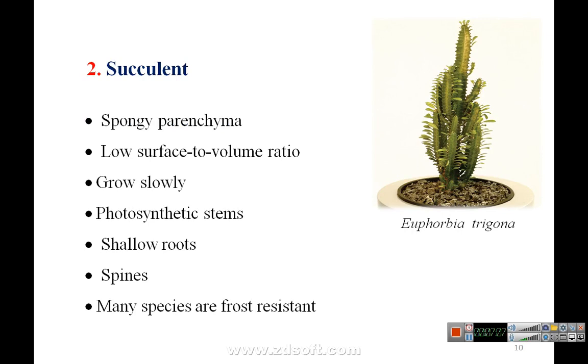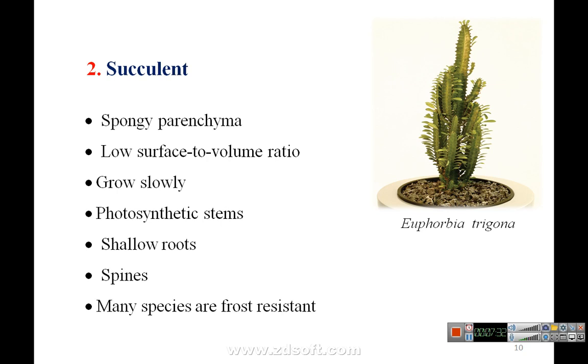Succulents have spongy parenchyma. You will be familiar with the parenchyma. And low surface to volume ratio, grow slowly, photosynthetic stems, because leaves are very few, almost none, and shallow roots, spines.